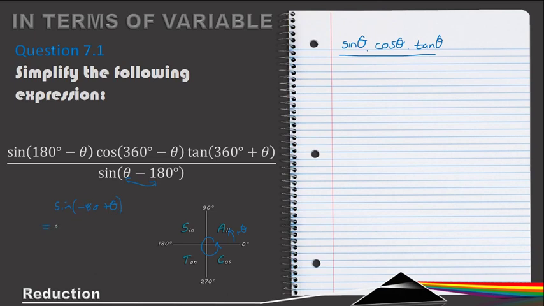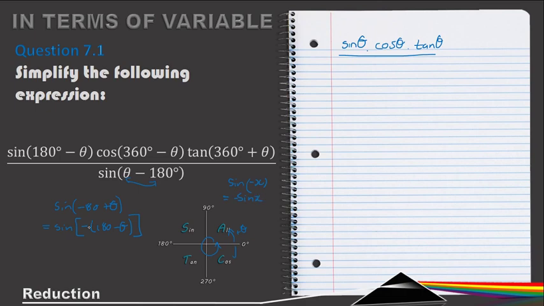So this becomes sine, then the minus comes out, 180 minus theta. So if I only have sine of minus x, that's going to be in the fourth quadrant, which means that sine is negative there. So this sine of minus x becomes minus sine x.